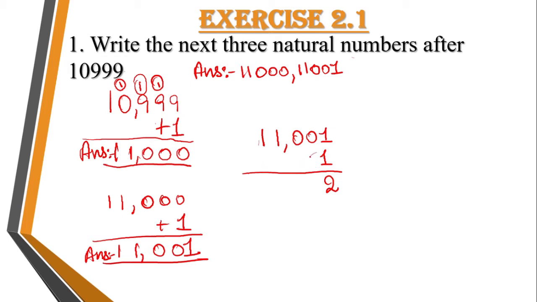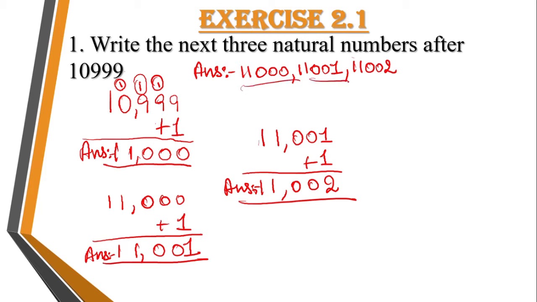So we will get our answer as 11,002. So this is the next number. So we got 11,000, 11,001 and 11,002. So we got the first, second and the third number. So these are the three natural numbers next to 10,999.